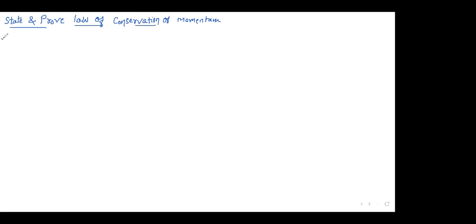What's the statement of the law of conservation of momentum, students? You can tell, the total momentum remains constant when no external force is acting.